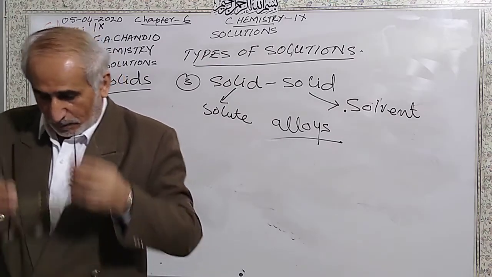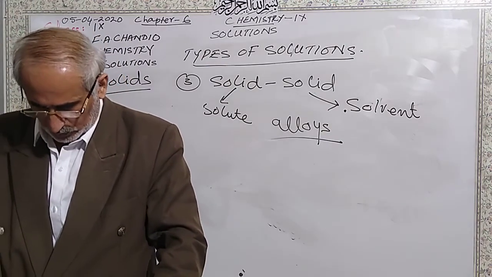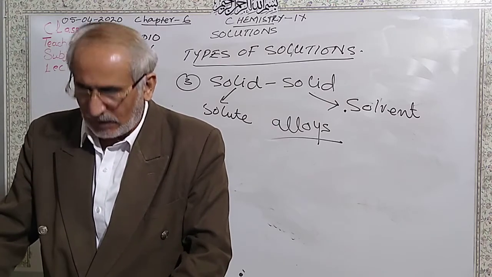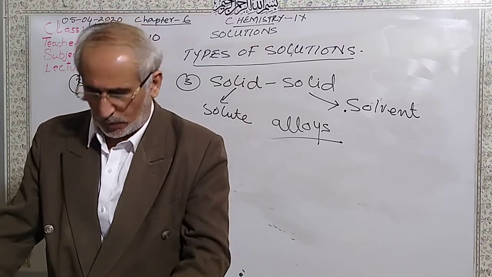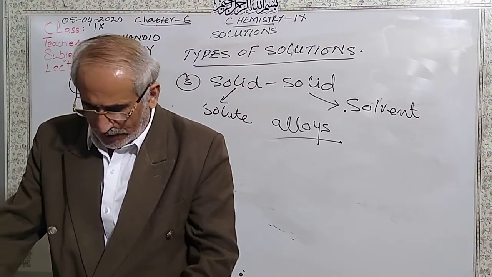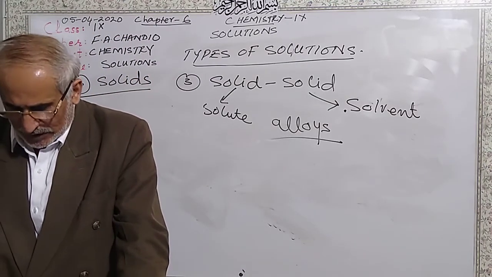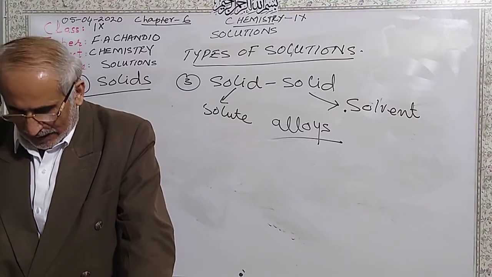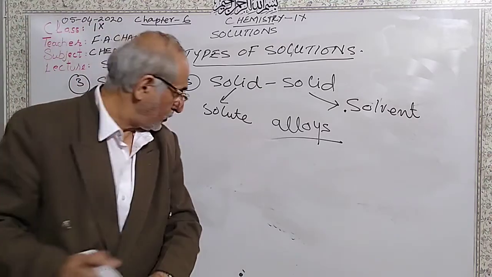Now there is in your book self-assessment 6.2, down the table. The question is, what are the physical states of solute and solvent in each of the following solutions? Also identify the types of solution.